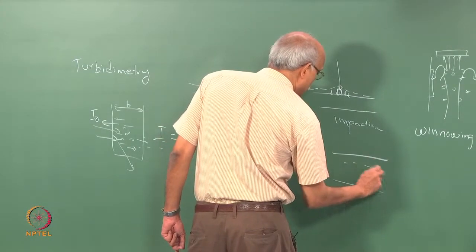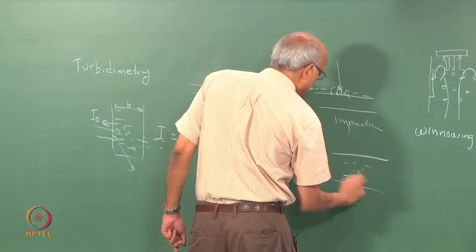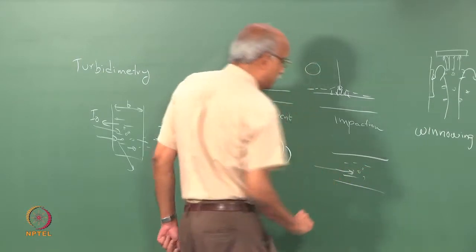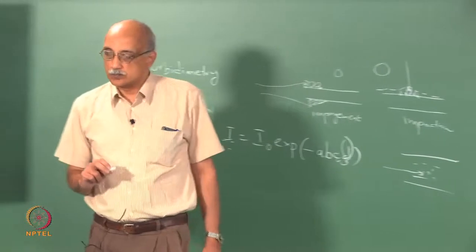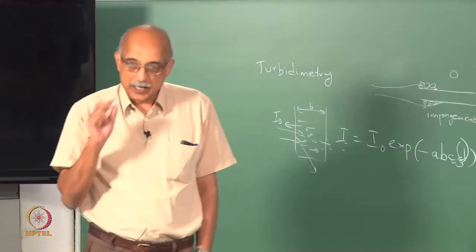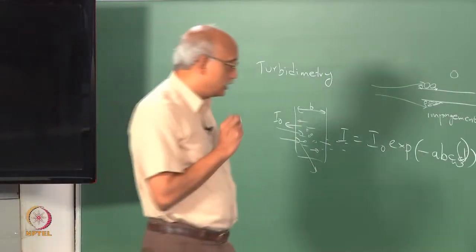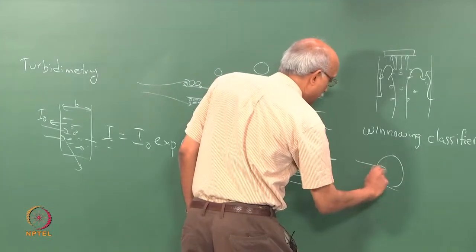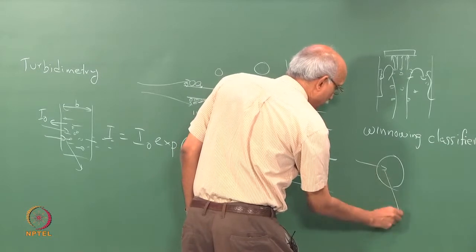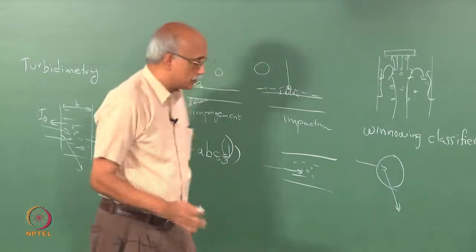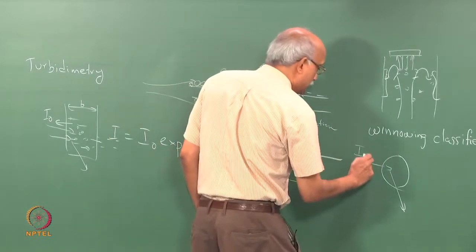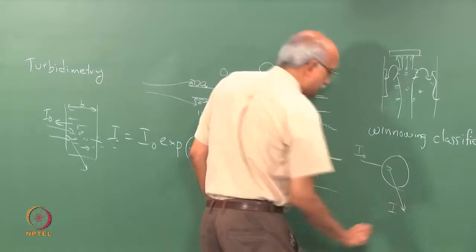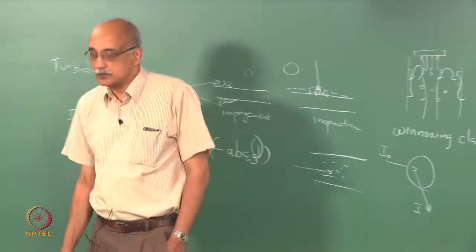Suppose again you have a fluid with particles and you shine laser light on it and you look at the scattering of light from individual particles. So, if you have one spherical particle like this and you shine light on it, again it is going to get scattered, right. So, again you can talk about I 0 and in this case the scattered light intensity I.